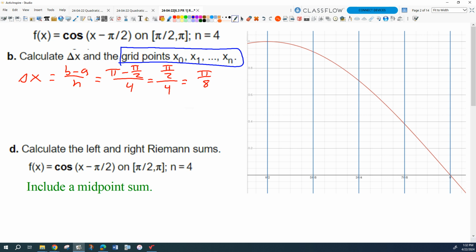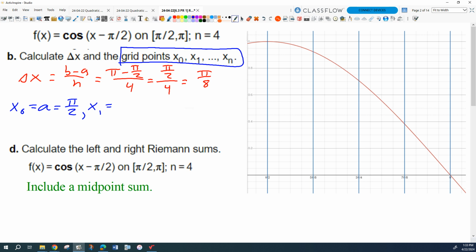So what would x sub 0 be? Pi halves, that's a, right? x sub 0 is just a, which is pi halves. What's x sub 1? Everybody, how are we going to get that?